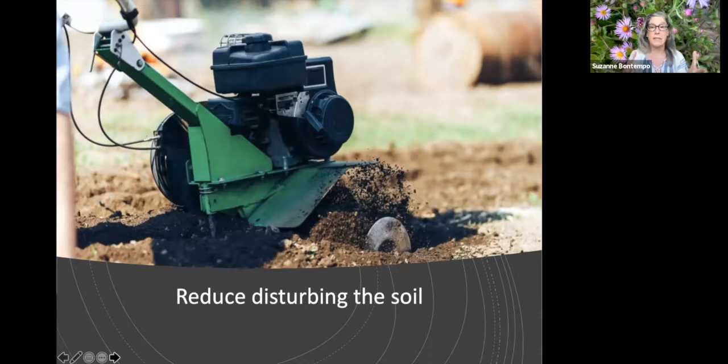Sometimes the seeds can stay dormant in the soil for years to come. Now, the good news is oftentimes the seeds will fall down into the soil, into the crevices, and then they are going to just exist, never in a desirable environment to germinate. But if we're turning the soil frequently, we're going to be bringing those seeds up into a favorable zone that's going to allow them to germinate, take hold, and persist.